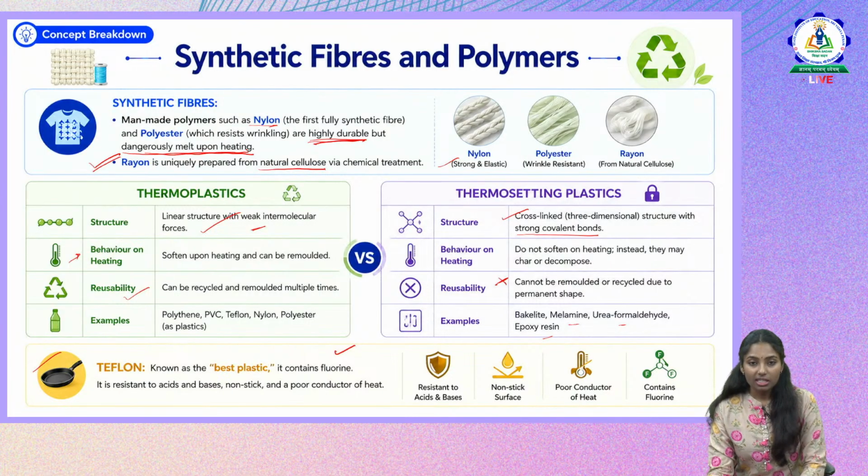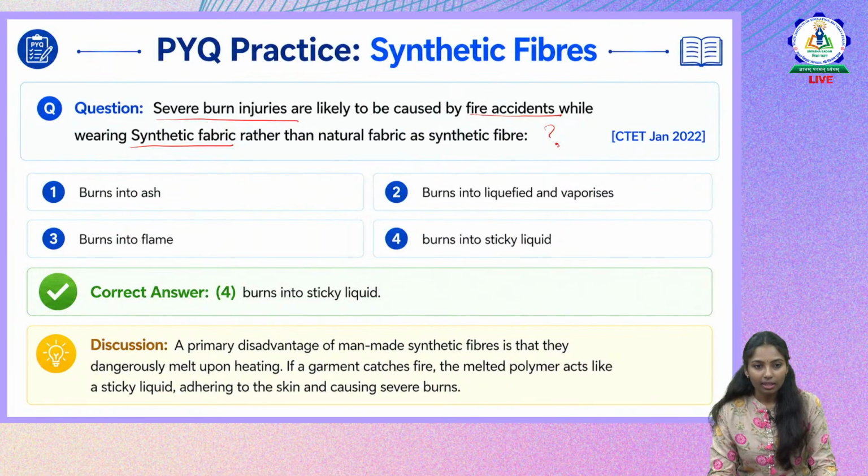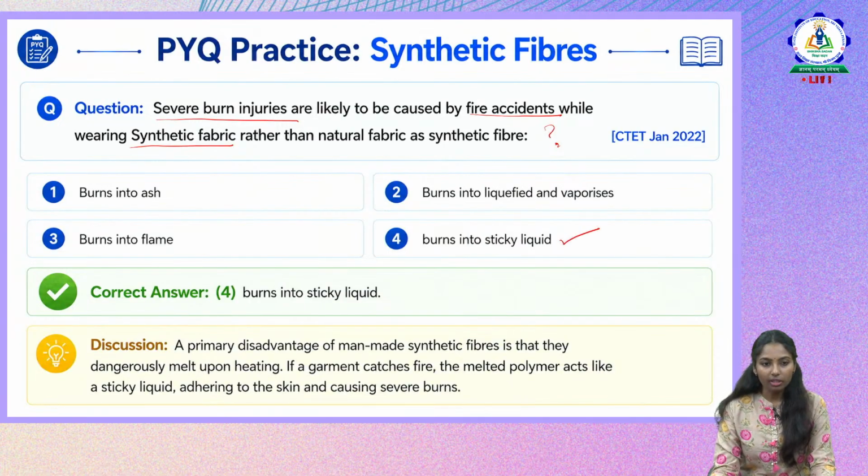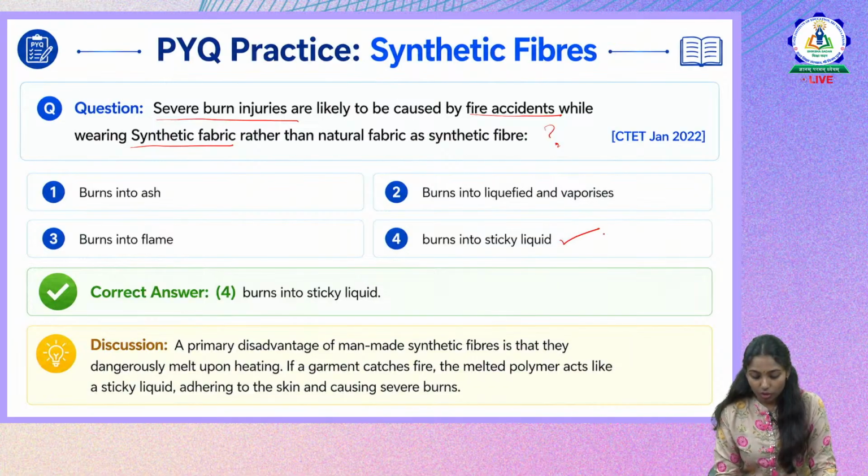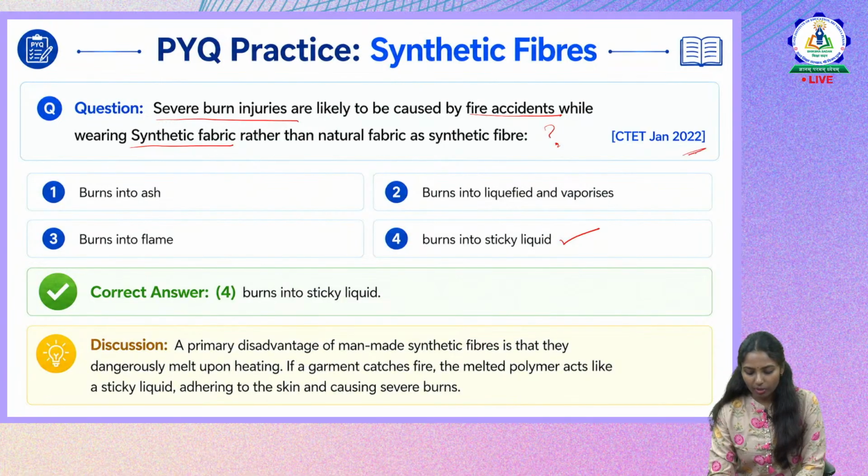They burn into a sticky liquid and cause severe burn injuries. Because of this, synthetic fibers are usually not preferred. The main disadvantage of synthetic fibers is that at high temperatures they melt very easily and will cause serious burn injuries. Okay, so this was the question asked in 2022.